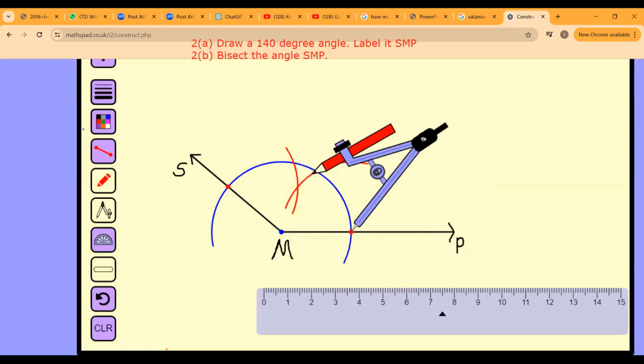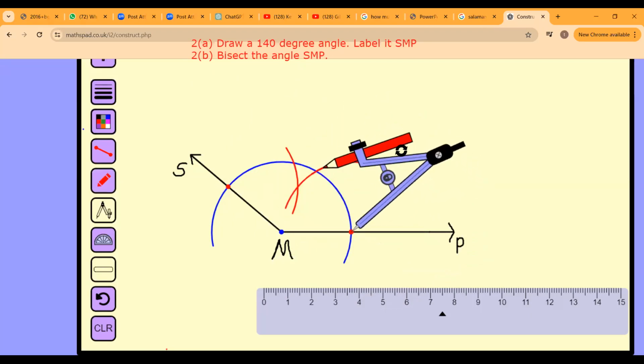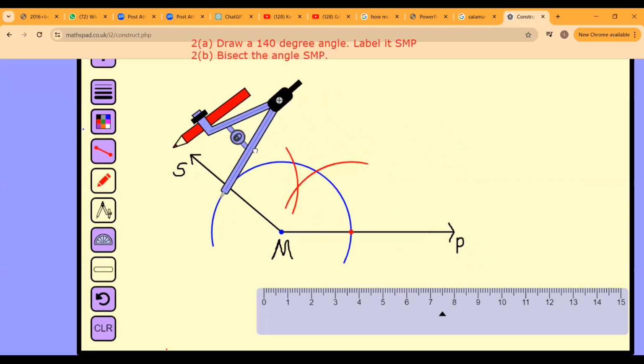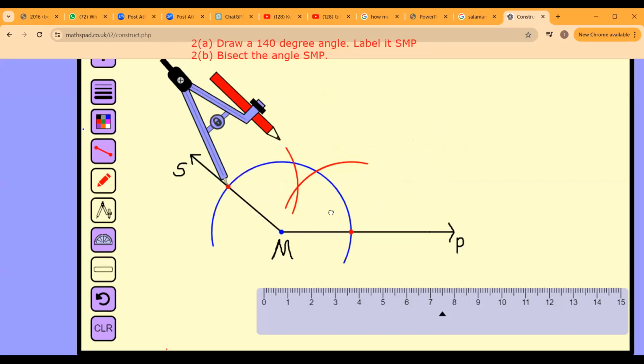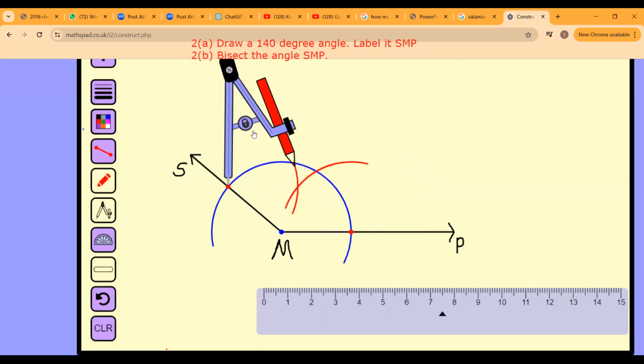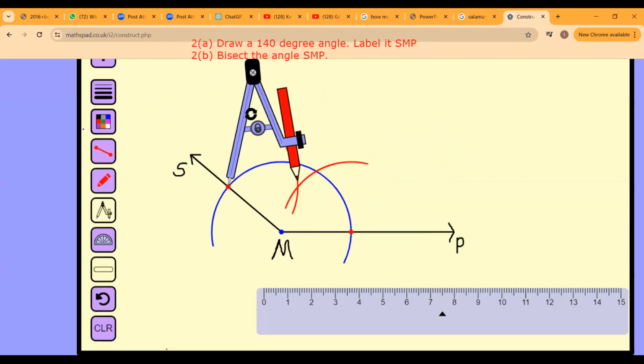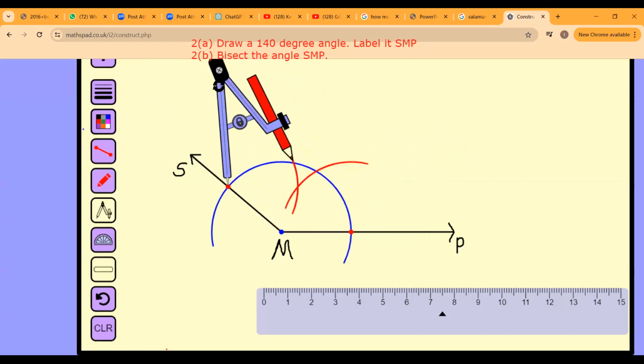Oh wow, we drew an arc that goes like this, right? And then we go into the ray SM, and we drew another arc that goes in this direction, like this. And after that, Samantha, what are we gonna do in order to bisect it?